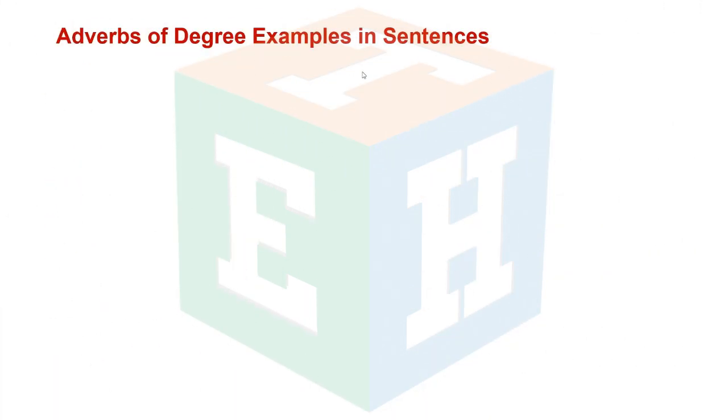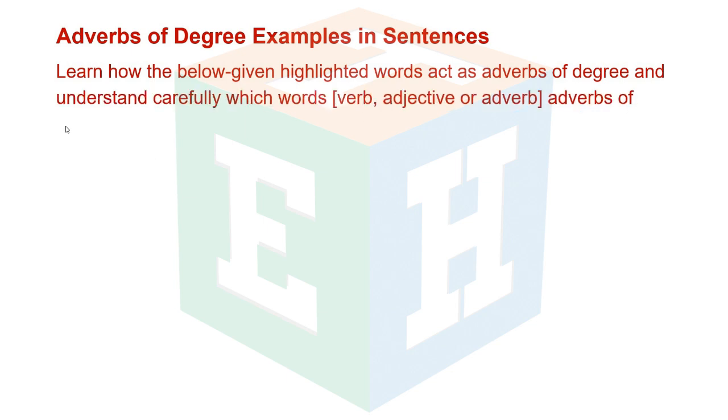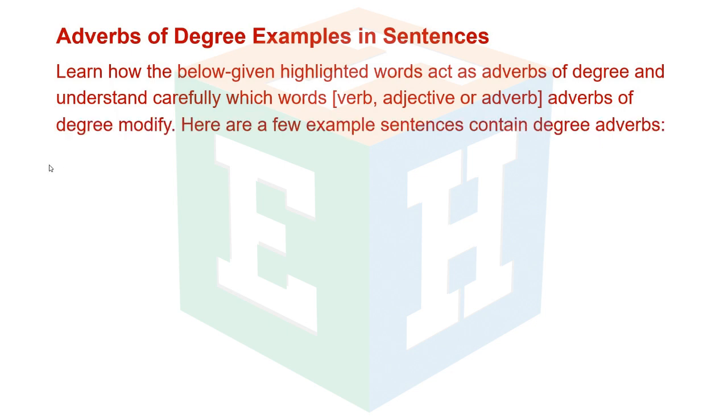Adverbs of degree examples in sentences. Learn how the below given highlighted words act as adverbs of degree and understand carefully which words, verb, adjective, or adverbs of degree modify. Here are a few example sentences containing degree adverbs. Number 1.